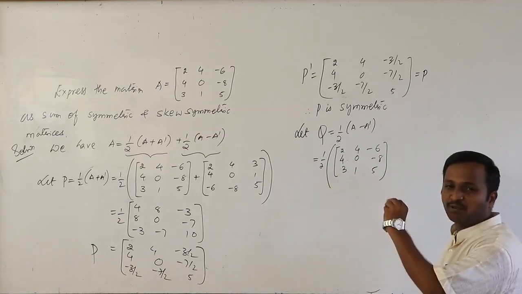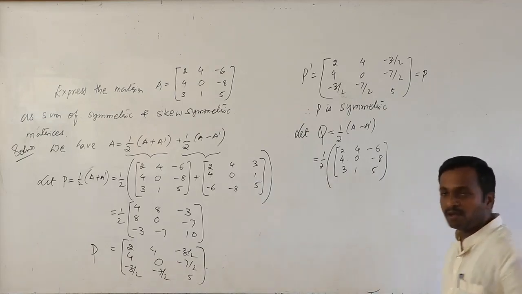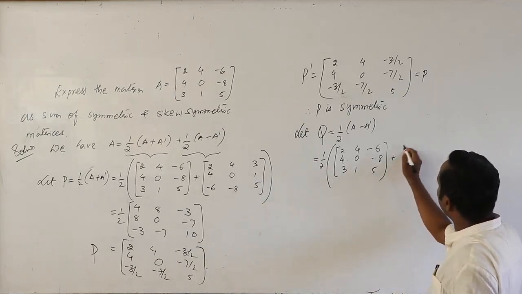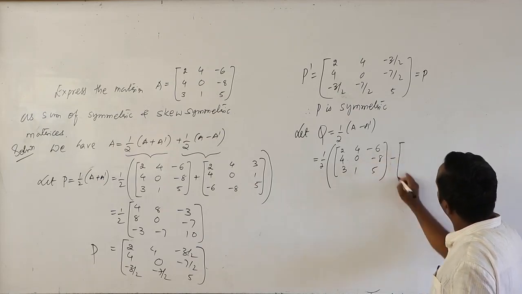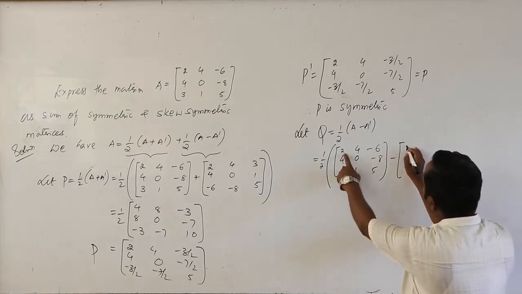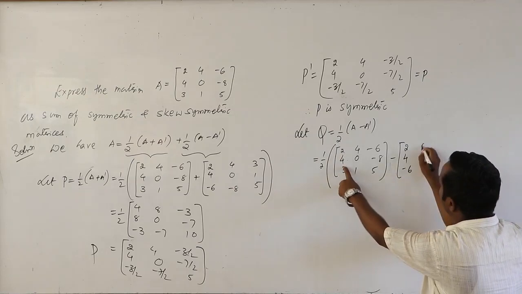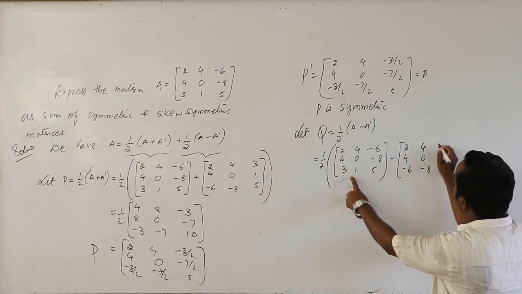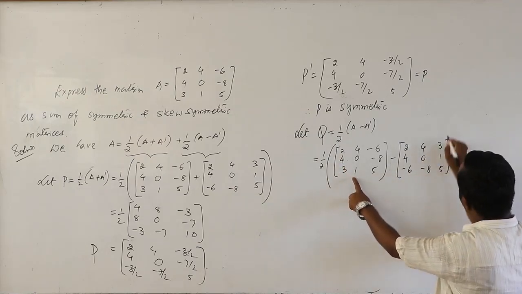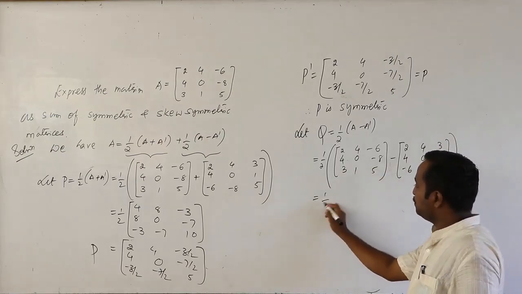I have to write very small numbers because the board is not sufficient. I hope you will get the clear idea. Minus A dash, where A dash means transpose: 2, 4, minus 6, 4, 0, minus 8, 3, 1, 5.